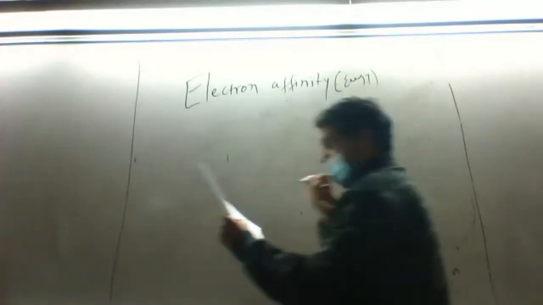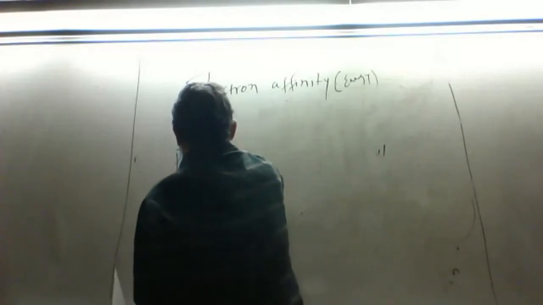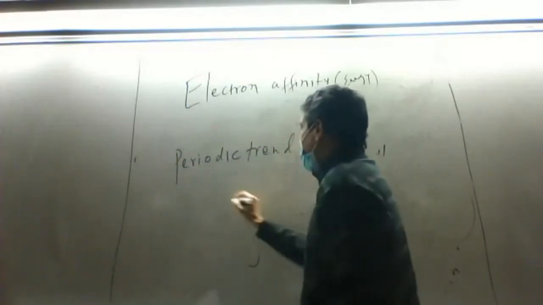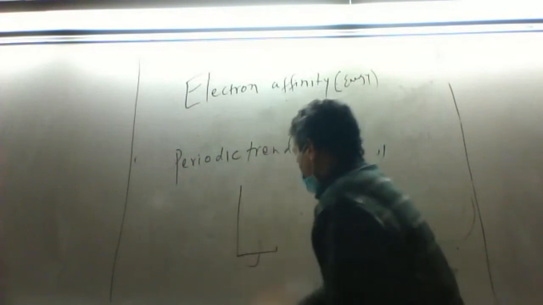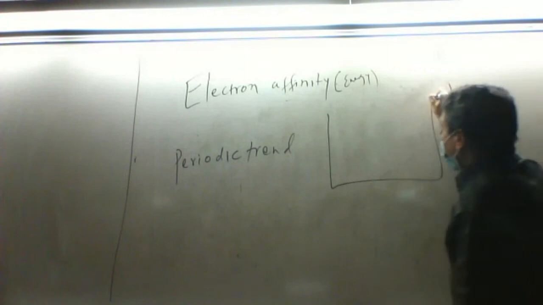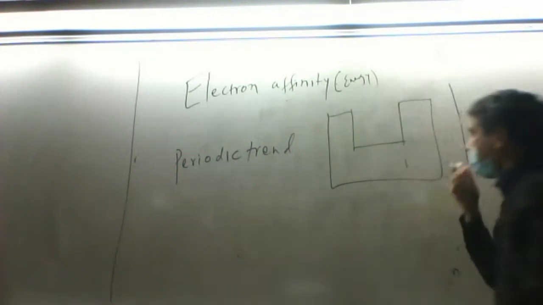Now look again. So talk about the periodic trend. So what happens? Again, I'm going to write the periodic table here. So we have this one. So it's like this, right?